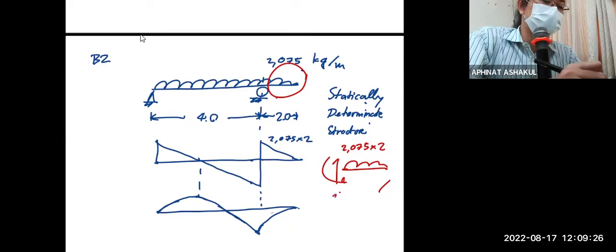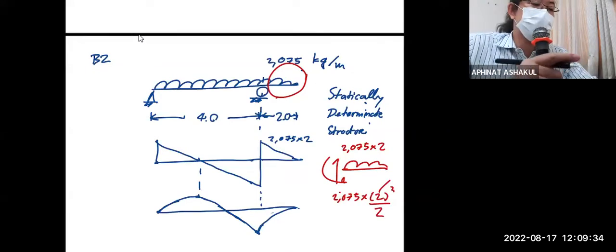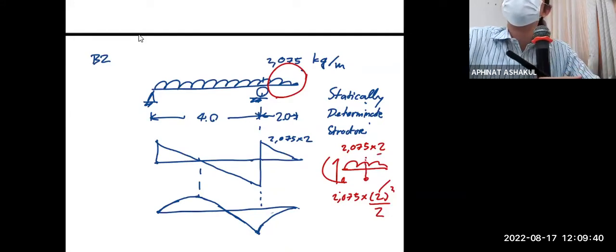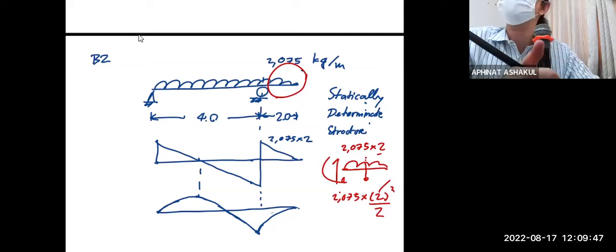It's always 2075 multiplied by 2 squared over 2. Because if this is your load, it acts here at the location 2 over 2, right? So when we write together, it becomes 2 squared over 2.